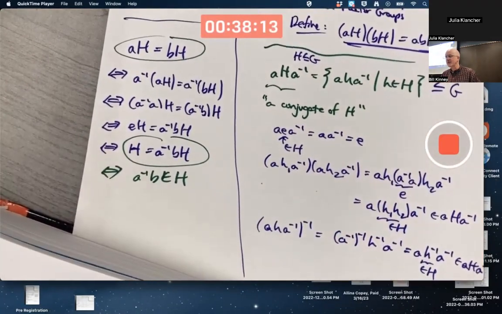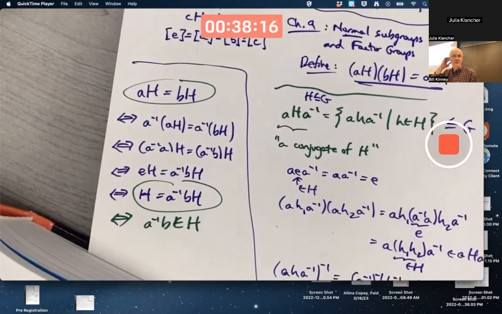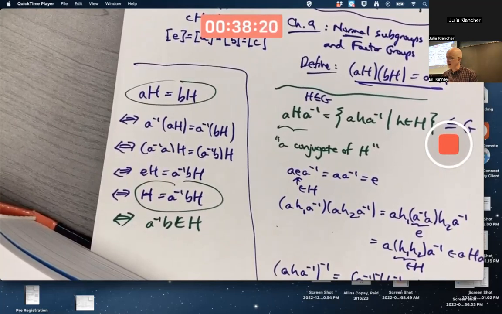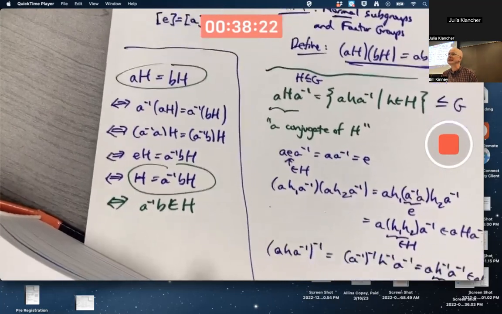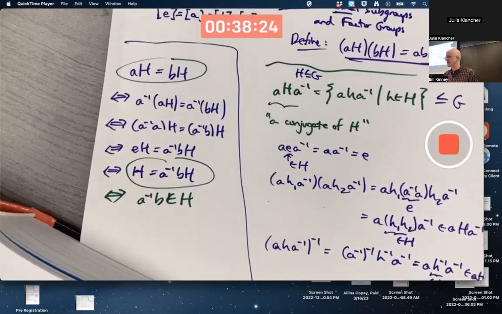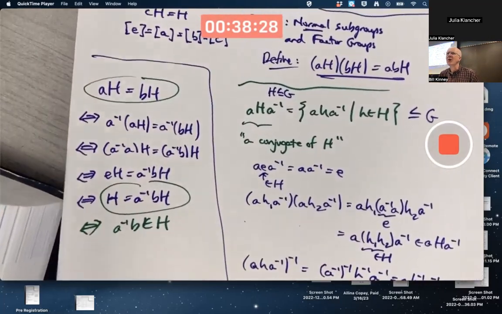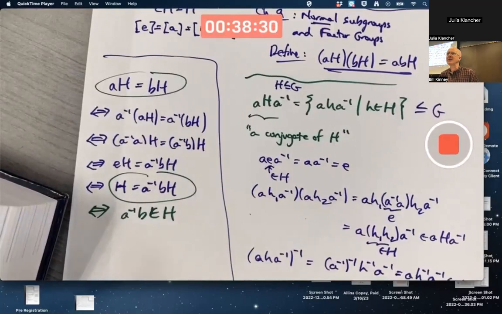And yes, it is relevant for Lagrange's theorem, and yes, it is relevant for normal subgroups and factor groups in chapter 9, which is super important as well. Factor groups are very important in studying groups. And what is our goal with group theory? Our goal with group theory, especially finite group theory, is to classify groups.